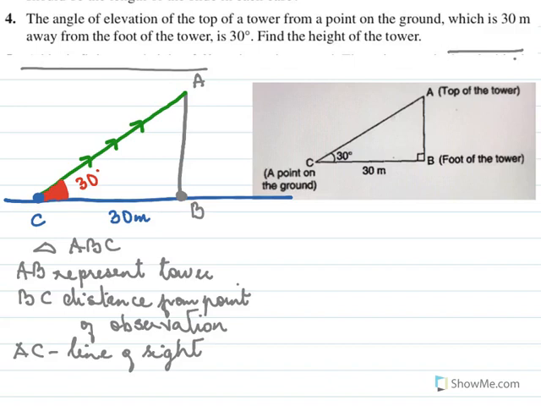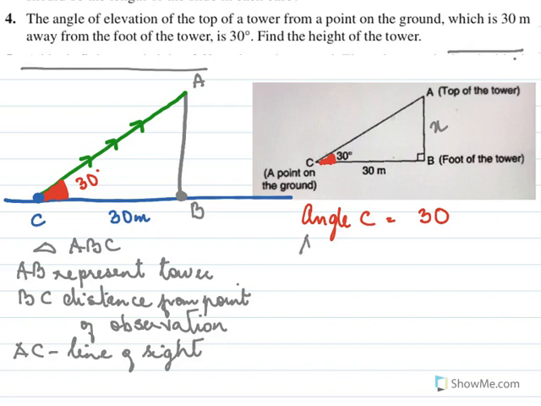So here's the figure again. This angle is given as 30, and we need to find the height of the tower. So let's put X where we need to find. So here is X. So back again, we need to know the angle. Angle C is 30. We need to find AB here.